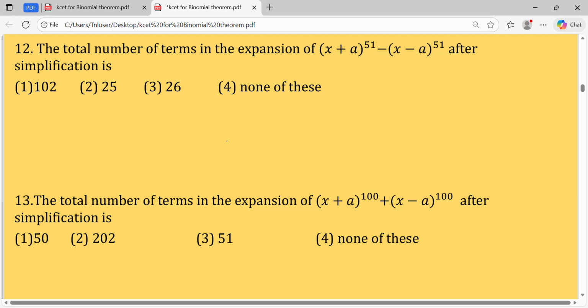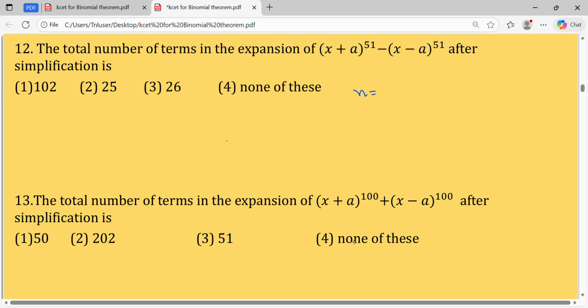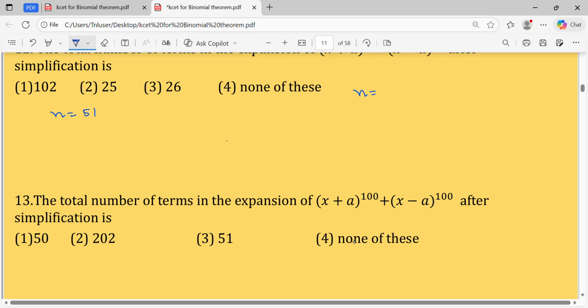Now, total number of terms. The total number of terms in this expansion is based on even and odd. It's an odd number, n equal to 51. So it is an odd number.